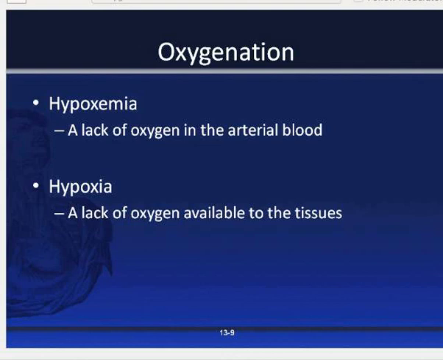Hypoxemia leads to hypoxia, which is lack of oxygen available to the tissues. Hypoxia may result from decreased amounts of oxygen in the air, loss of hemoglobin or hemoglobin function, decreased production of red blood cells, poisoning of substances within the cell, or diseases of the respiratory or cardiovascular system.